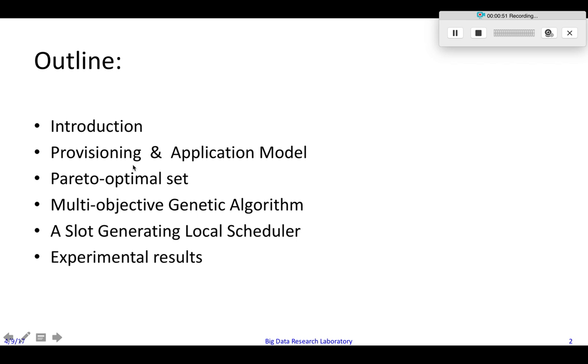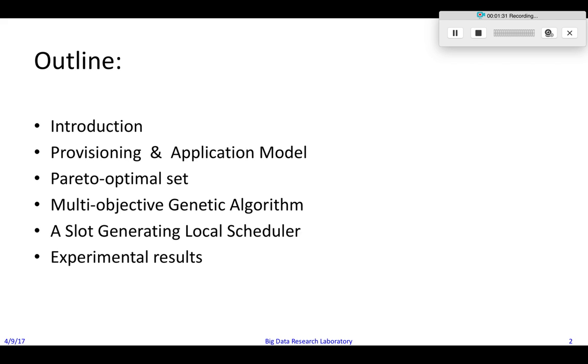First, I will introduce the outline of this presentation. First, I will introduce the characteristics of the grid and the resource allocation part in grids. Followed by the introduction part, I will introduce the provision model proposed in this paper, and then a simple application model used in the paper to compare the proposed method and the best effort method.